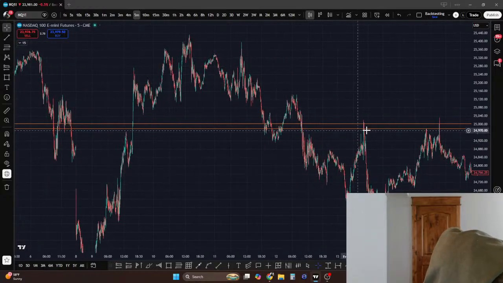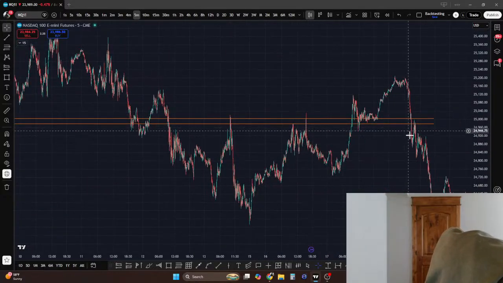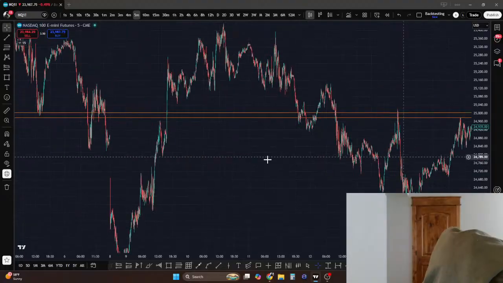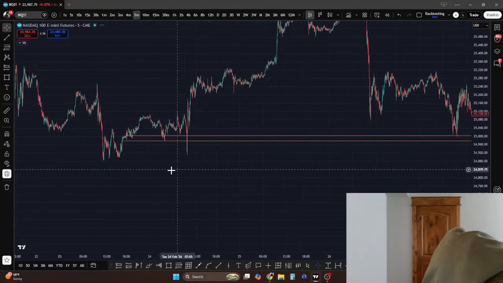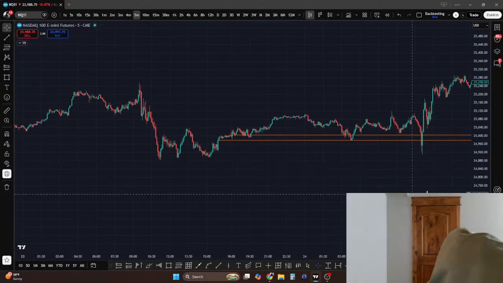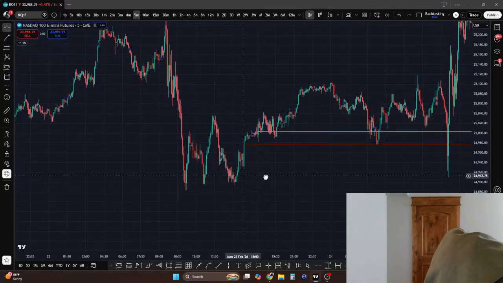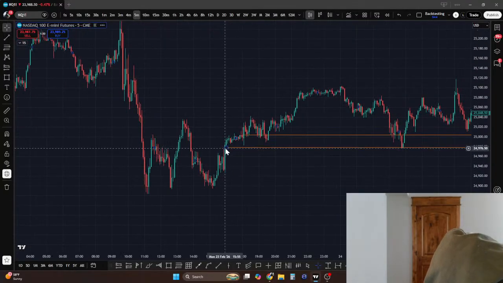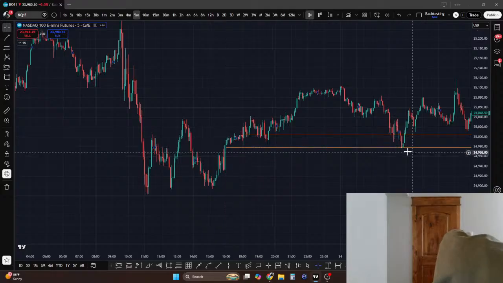By the way, look at how the market interacts with this. It's crazy. Okay. So once again, on the low time frame chart, oh, I wonder if it's right here. Wait.